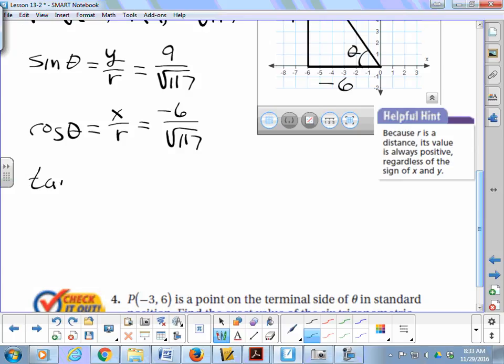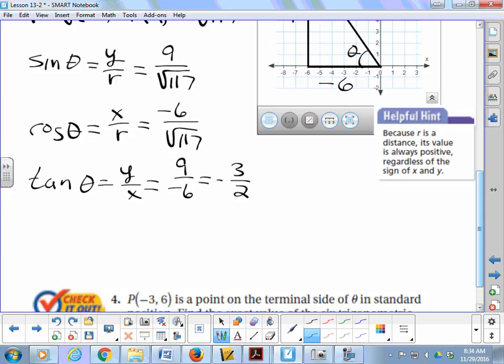Tangent is y over x. So that's 9 over -6, or -3/2. Just make sure you do simplify any of the easier fractions.